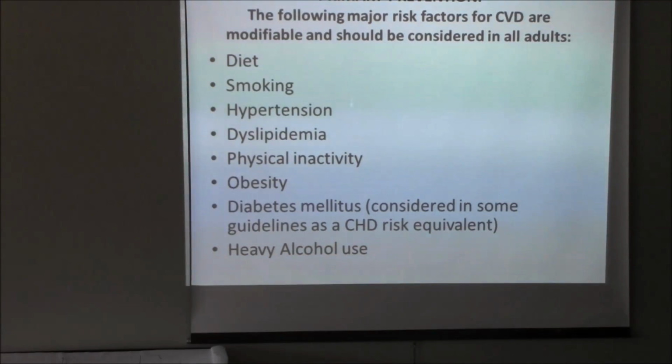It's a risk factor equivalent all in itself. And heavy alcohol use. It's usually 1 drink for women, 6 ounces of wine or 1 beer, or 2 for men. That's what the guidelines state, and anything above that is heavy alcohol use.